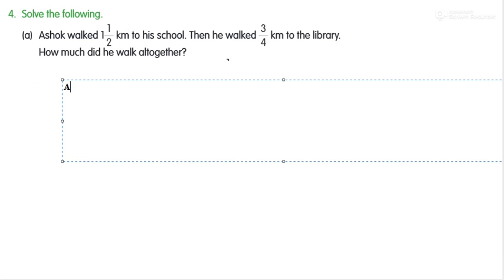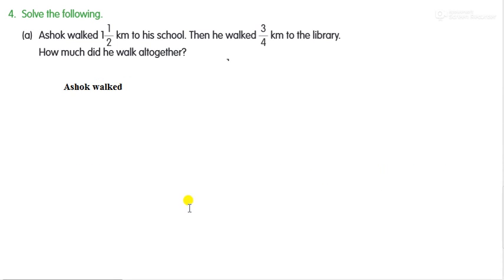Ashok walked 1 is to 1 by 2 equals 2 ones are 2 plus 1, 3 by 2.